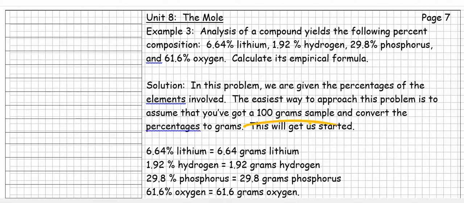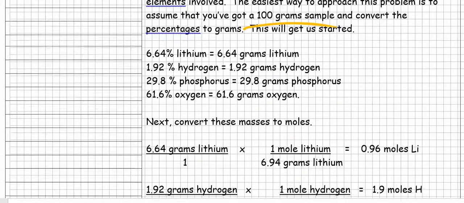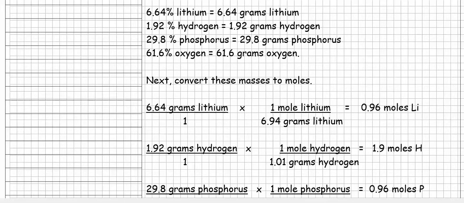I assumed a 100-gram sample so that I could convert those directly to grams, right? So now those percentages get converted to grams. Now that's still not good enough because in the empirical formula and the molecular formula for that matter, it's a mole to mole to mole to mole relationship, not gram to gram to gram to gram.